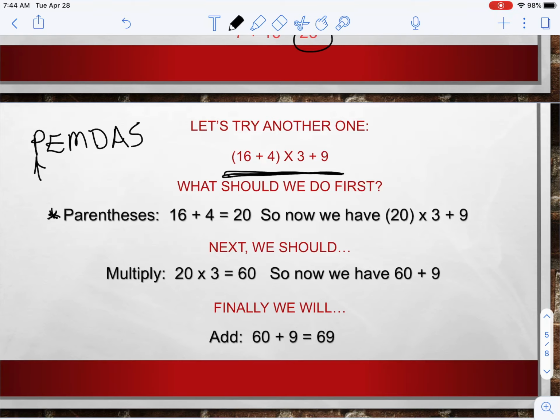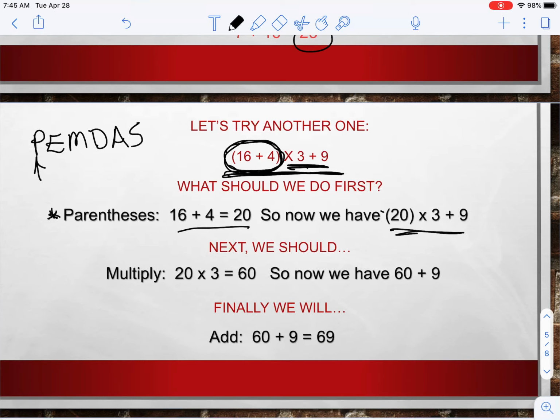So now we would have 16 plus 4, which is in the parentheses. We have to do that first. 16 plus 4 is 20. So now we have 20 times 3 plus 9. Okay, that's just the leftover part after the parentheses.